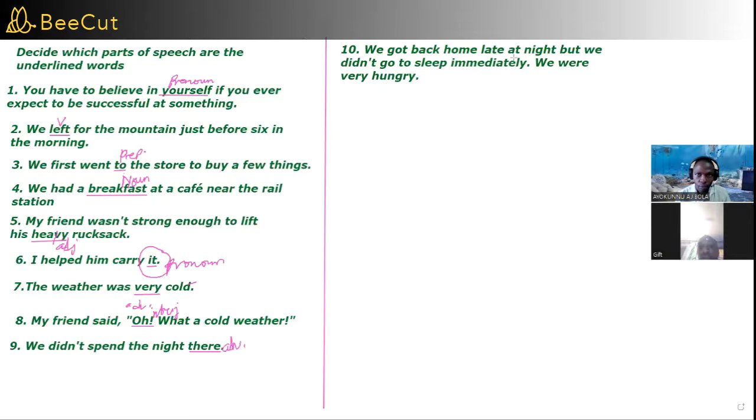We were very hungry. So this is the word I'm going to underline: "but". What part of speech do you think it is? The word "but". Conjunction. Yes, conjunction. That is very good.